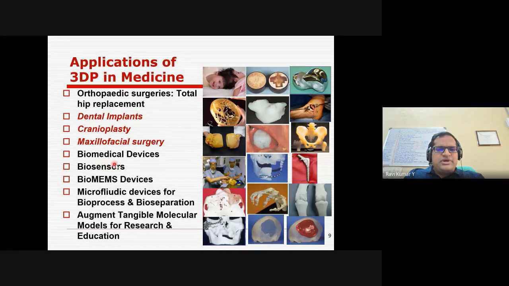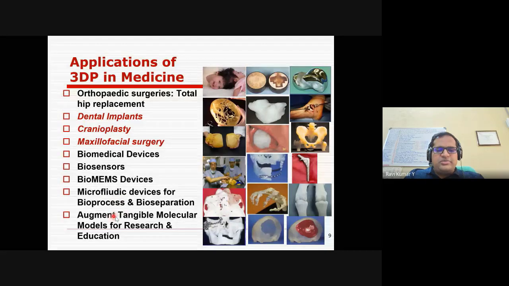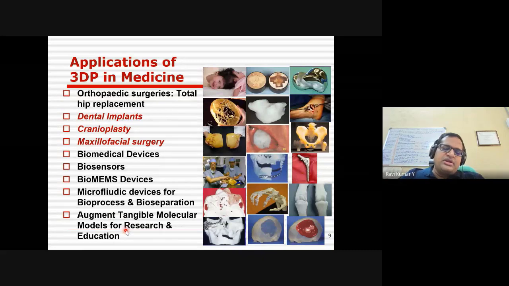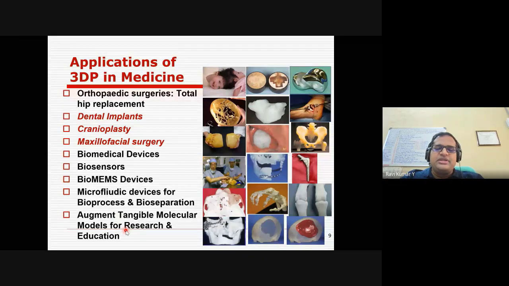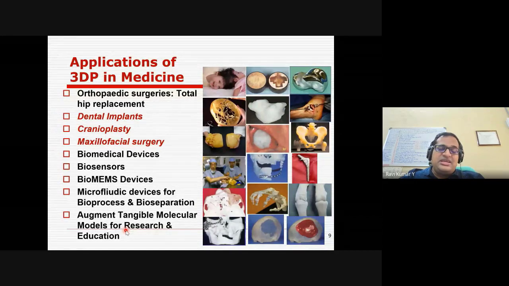It can be used for biomedical devices, biosensors can be developed through 3D printing technology, biomems devices can be developed, and microfluidic devices for bioseparation and bioprocessing can be used, and also augmented tangible molecular models for research and education purposes, for example for an anatomy student on the medical side, or for studying DNA.